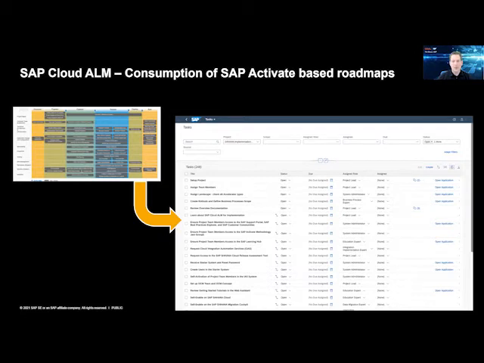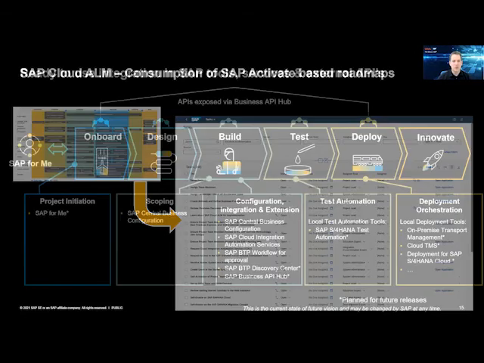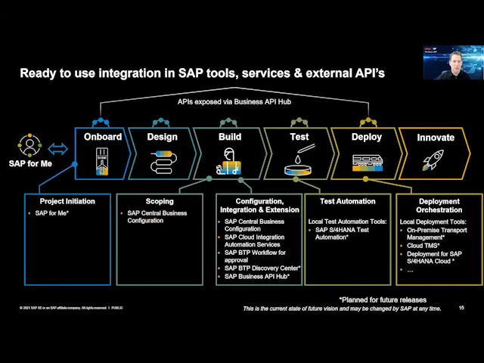Let's take a look at how we integrate into other tools during implementation. So during onboarding, in the future, we will also offer onboarding through SAP for Me. Also, some cool sessions available during this event. But then especially during the build phase, we leverage the integration with the SAP Central Business Configuration.